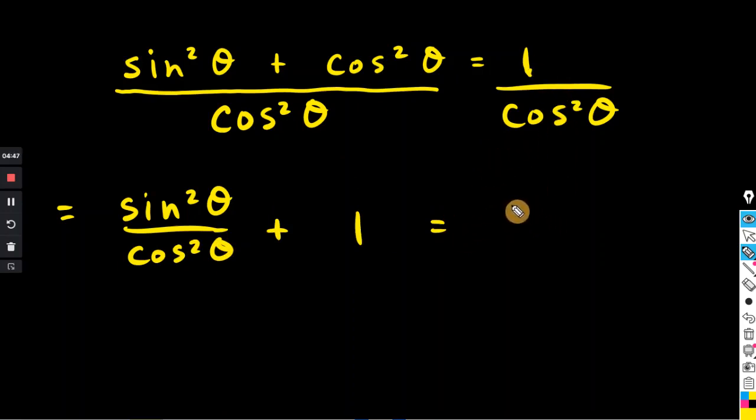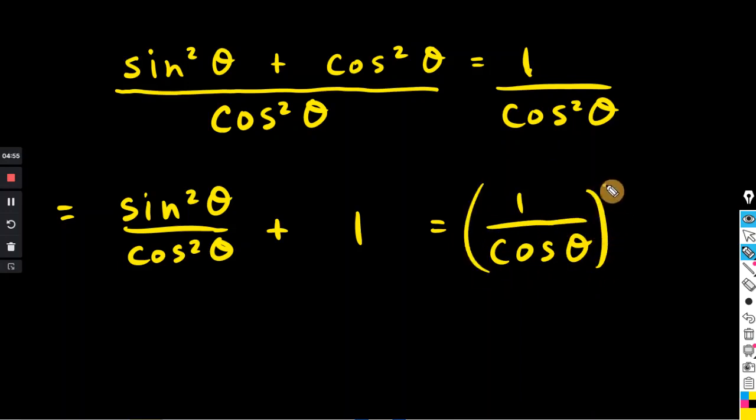And we can make this 1 over cosine theta quantity squared. Okay. 1 squared is just 1, and cosine squared is cosine squared. So same thing. All right.